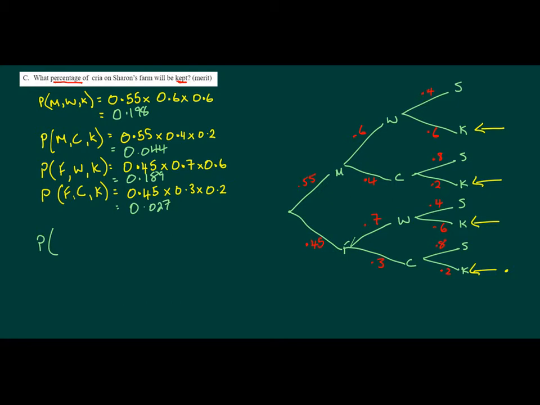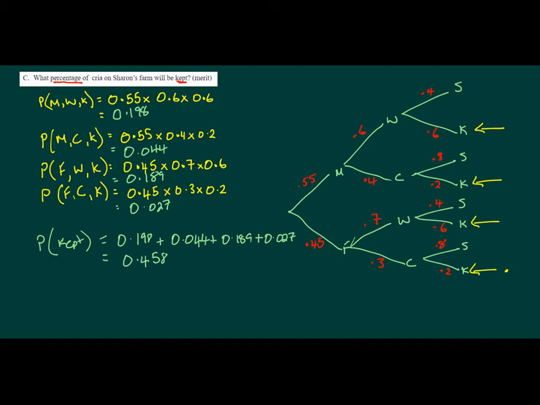So the probability of a cria being kept is equal to 0.198 plus 0.044 plus 0.189 plus 0.027, and that all adds up to 0.458.